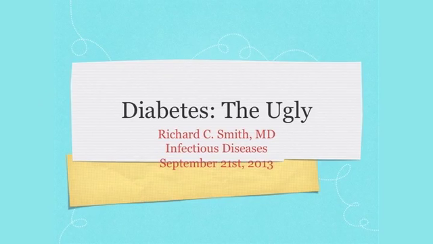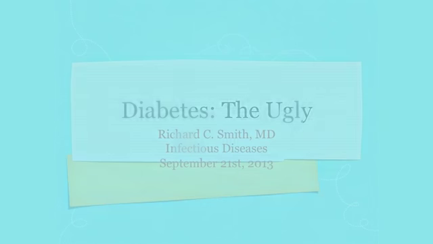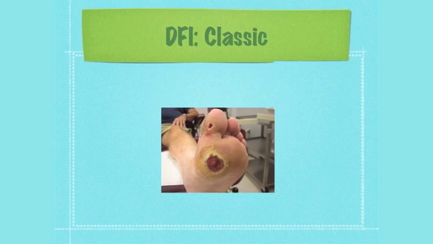My topic is the ugly part of diabetes, and in particular, diabetic foot infections. This is the classic look of a diabetic foot. You notice the location of the wound, mainly at the pressure point.